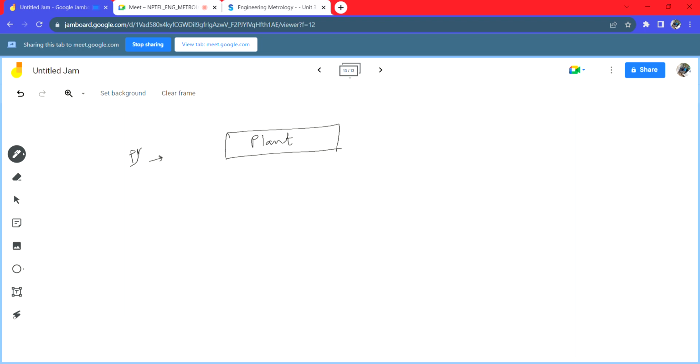It has an input, it has an output. Okay, so this is an open loop system wherein we are putting the input and we are getting the output.